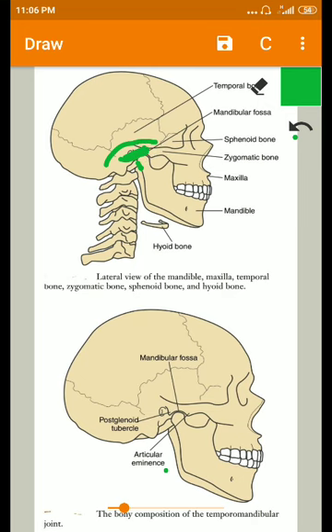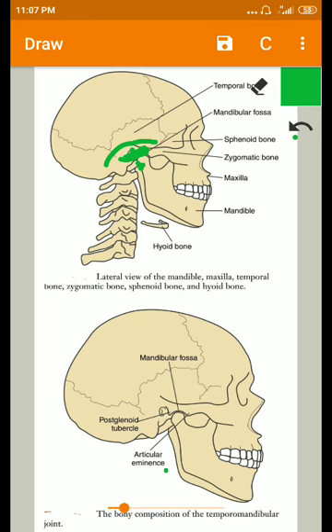The upper joint, which is formed by the superior surface of the articular disc with the articular eminence, is a gliding joint, and the joint formed below the articular disc, that is the inferior surface of the disc with the condyle of the mandible, forms a hinge variety of joint.